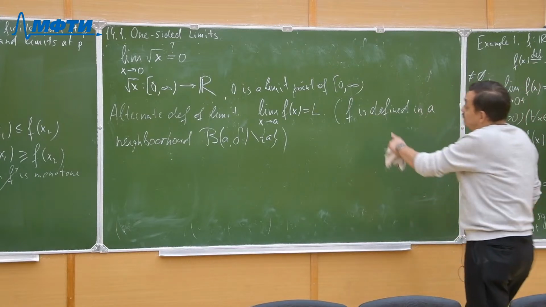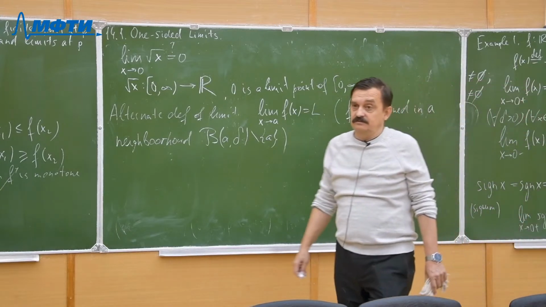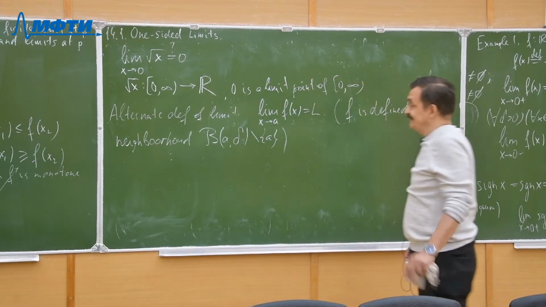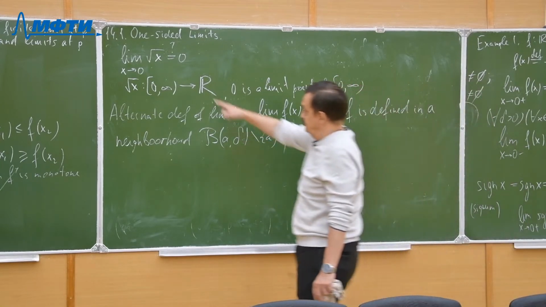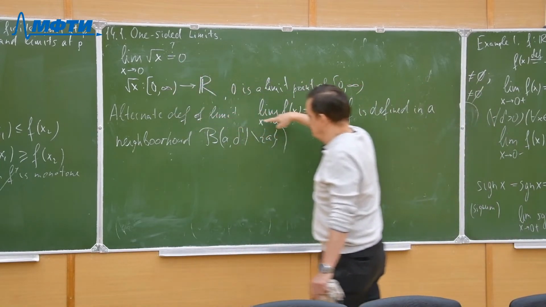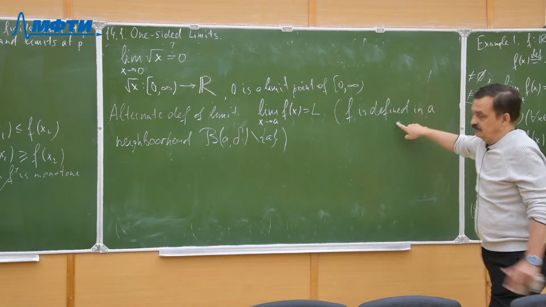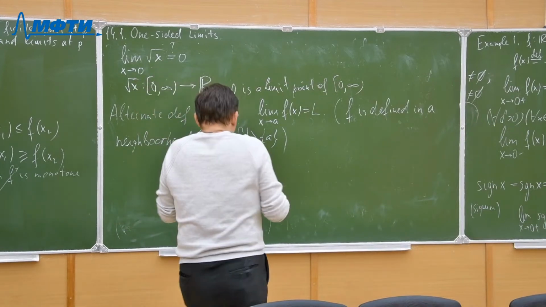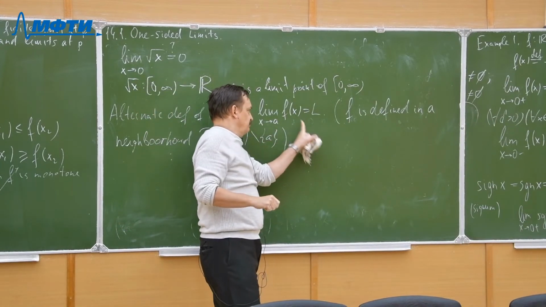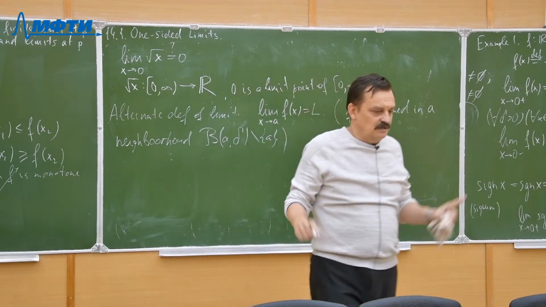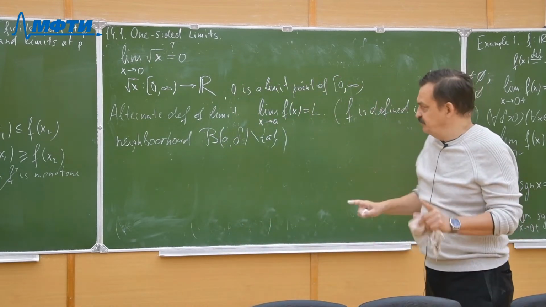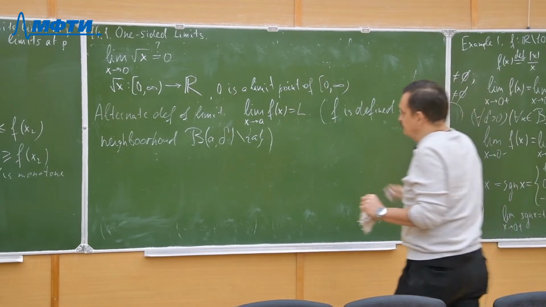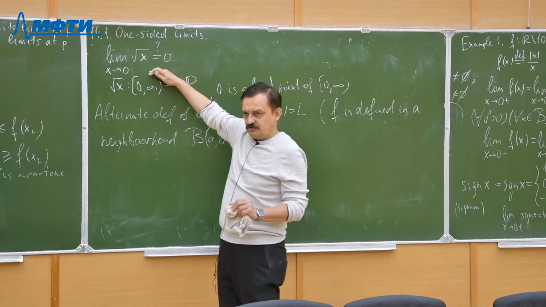So if you force the function to be defined in a punctured neighborhood before talking about the limit, then of course this is not true. If you use this definition, then this is not true.